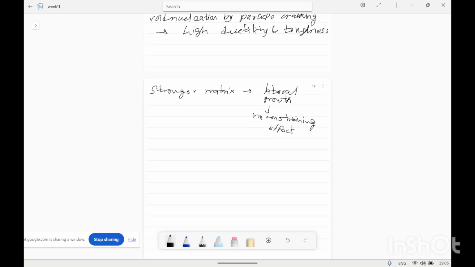Then this leads to less elongation before fracture, meaning low ductility.